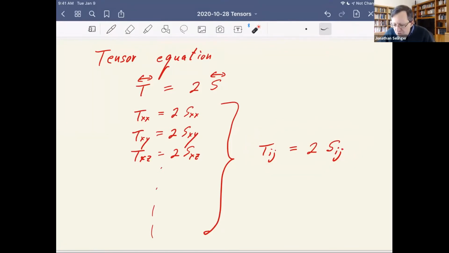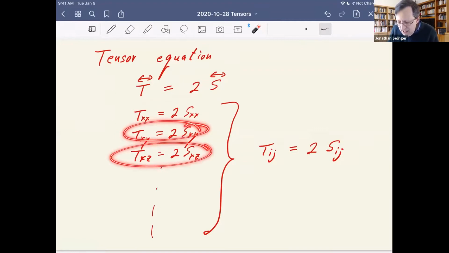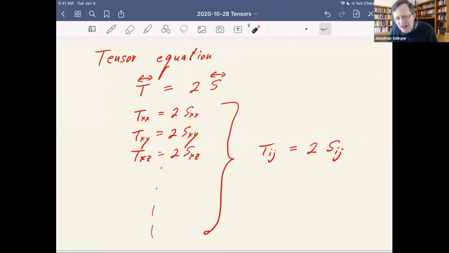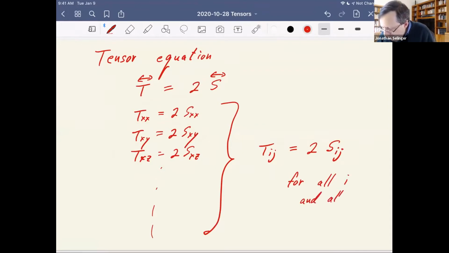This thing has to be true for i equals x and j equals x, and for i equals x, j equals y, and for i equals x, j equals z, and for i equals y, j equals x, etc. Right? It's 9 equations in one. Right? So this is true for all i and all j.